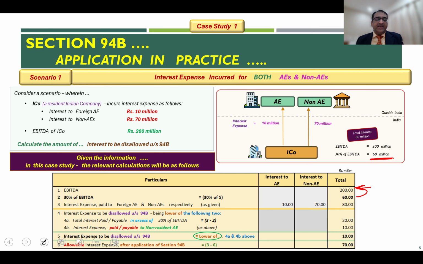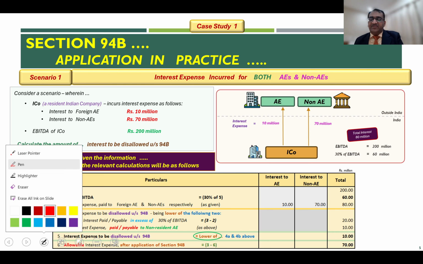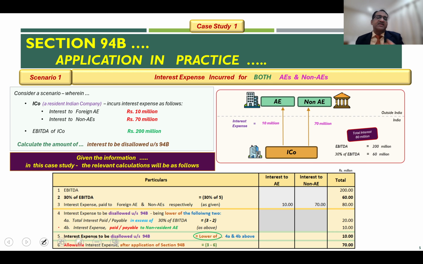Now, how much have they paid? They have paid a total of 80 million as interest, out of which the amount payable to AE is 10 million and to non-AE, let's say a third party independent bank, is 70 million. Now, the calculations we have seen in the previous video, what excess interest is. Excess interest is something which will be disallowed, and therefore from the perspective of Section 94B you have to compute these two numbers: total interest paid or payable in excess of 30%.